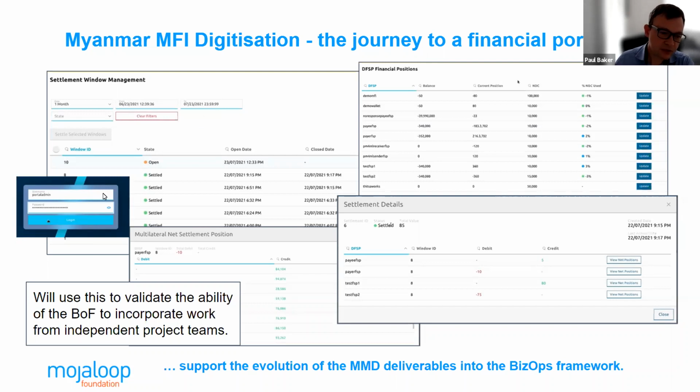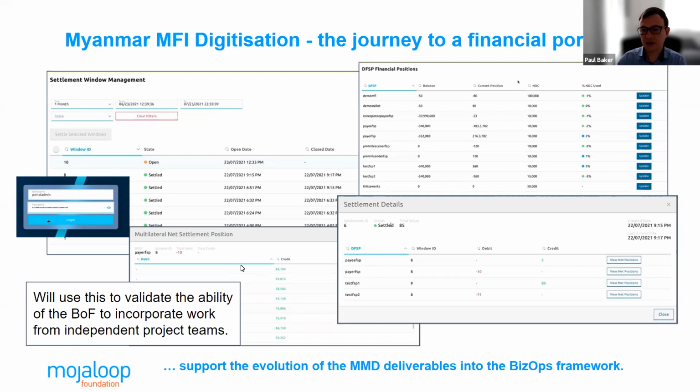Here I've got a couple of screenshots. We've got the settlement view of the different settlement windows, and then a drill down into the participants' positions for each of the settlement windows. Then there's available details on the settlement transfers themselves, and then a way of inspecting how the position was got to by looking at the detailed transfers.